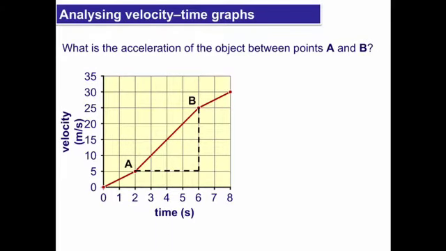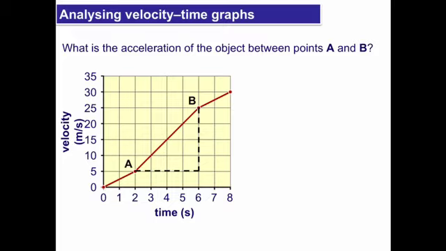So have a look at this graph. We're going to work out the acceleration between points A and B. Now, although we need to be aware that the acceleration is the gradient, rather than actually working out the gradient on the graph, I'm going to show you a different way of doing it that saves any confusion.